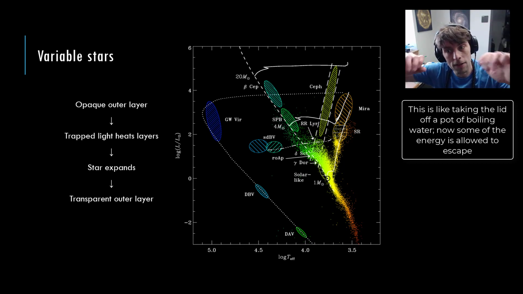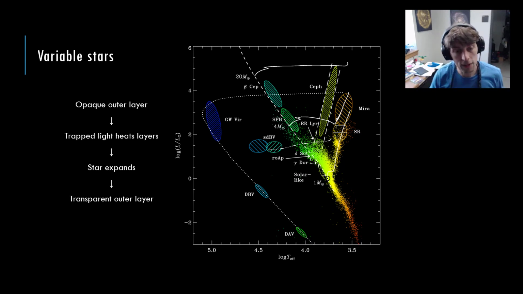And what happens to the kinetic energy of that outer layer if the temperature is going down? It decreases. And what happens if the kinetic energy of that outer layer decreases? The physical size of the star is going to decrease.